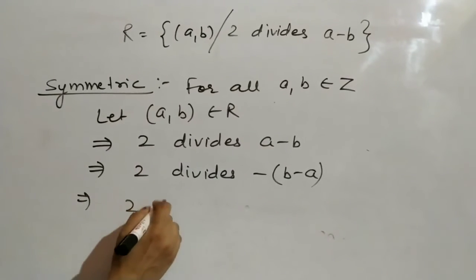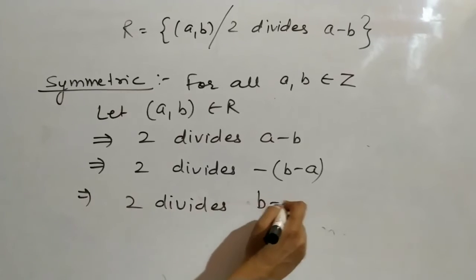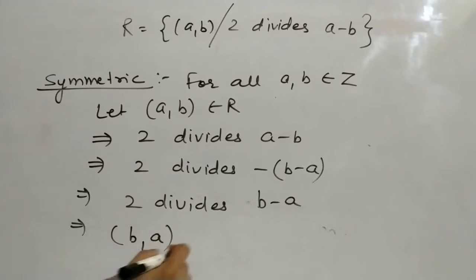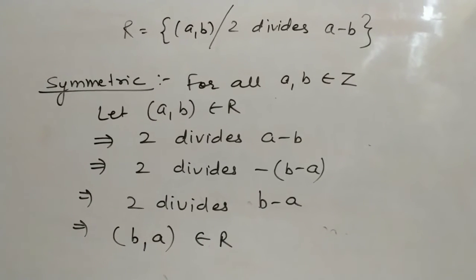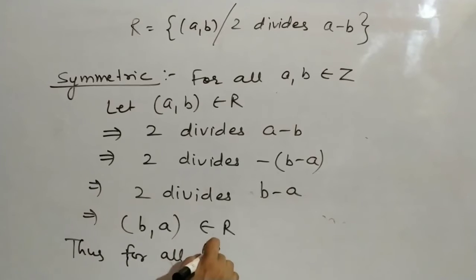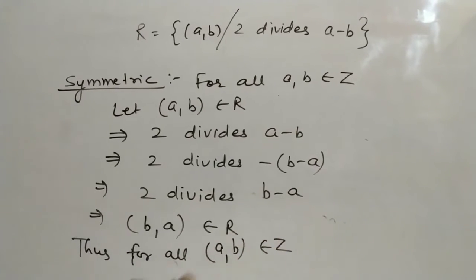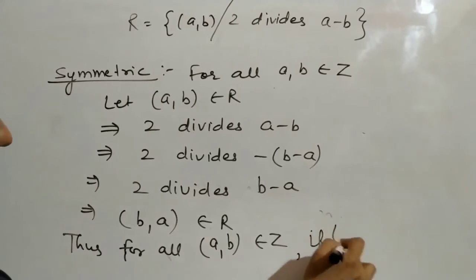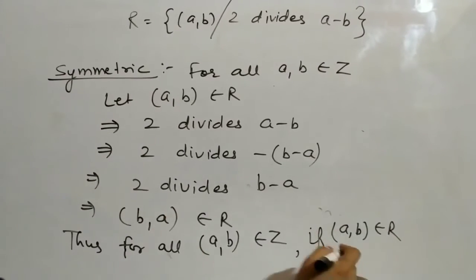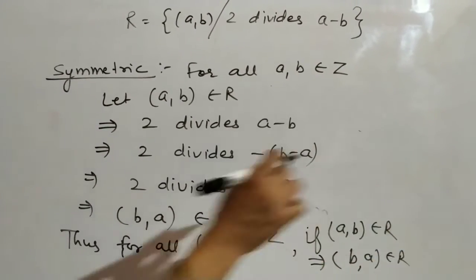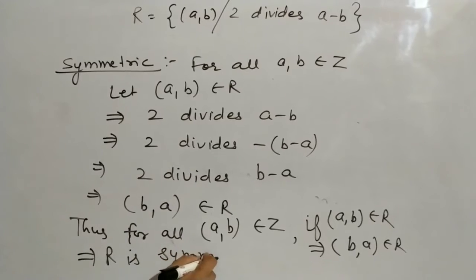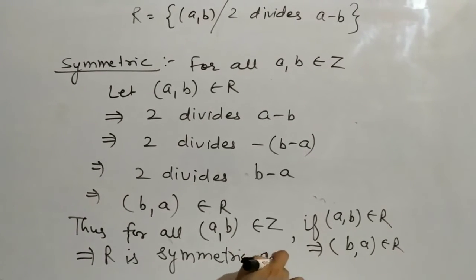It means 2 divides b minus a also. That implies b comma a belongs to R. Thus we have for all a comma b belongs to Z, if a comma b belongs to R, it implies b comma a belongs to R. That implies R is symmetric on Z.